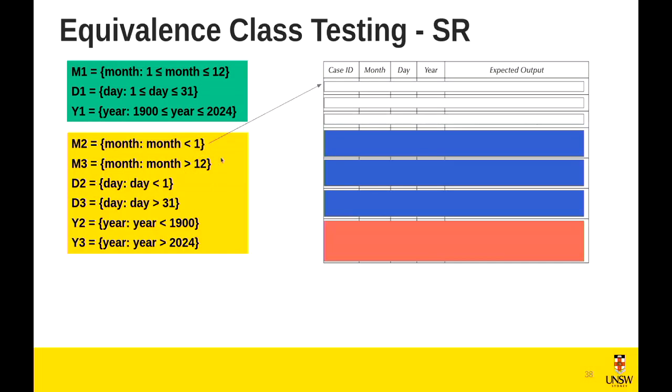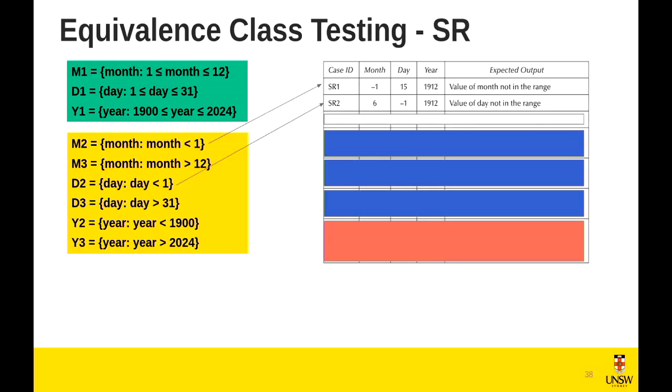So for example, we can apply the equivalence class of month lower than the lower bound, month smaller than 1, and we can have this test case. Similarly, we can apply the equivalence class of day smaller than 1, and then we can have this test case.